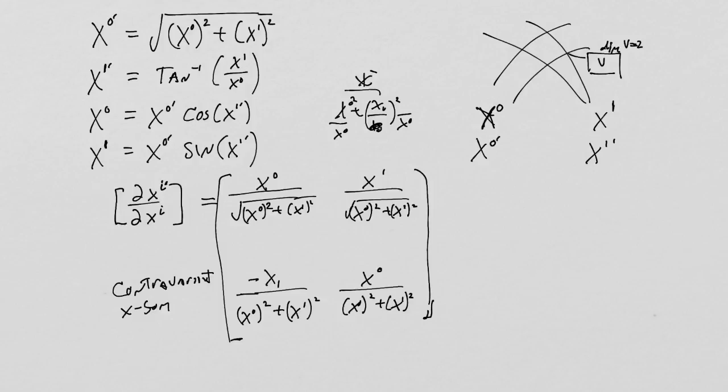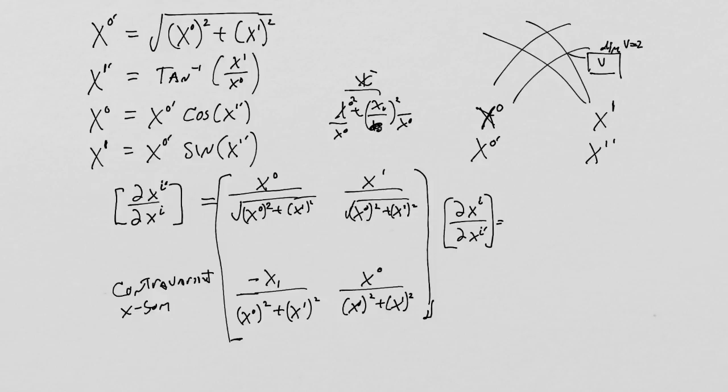And now I want the covariant transform, which is the same process, but it should be a little bit easier for the derivatives, because you're dealing with this kind of thing. So in that case, I could write partial xi prime like that, and then it's going to be this first thing, taking the derivative with respect to x0 prime.